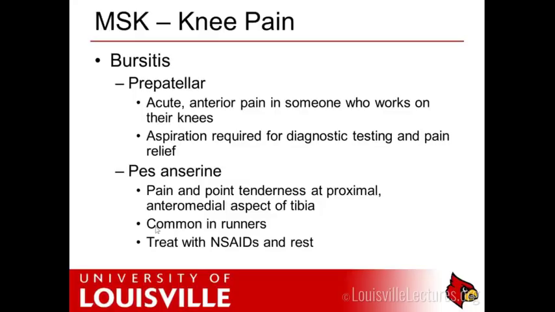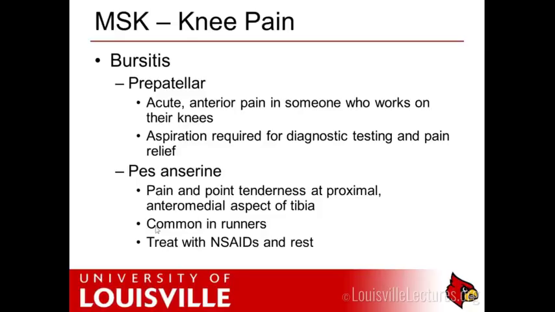So knee pain, we're going to skip osteoarthritis and go to some other less common ones. So for bursitis, there's two types. There's prepatellar and pes anserine. So the prepatellar, the thing to think about, so these are people that work on their knees, and actually you need to do a diagnostic and therapeutic aspiration in these people.